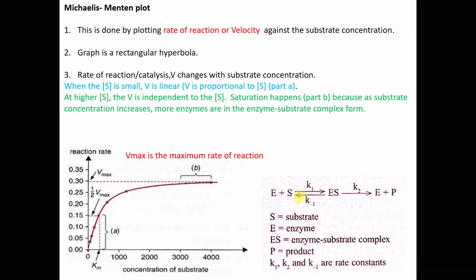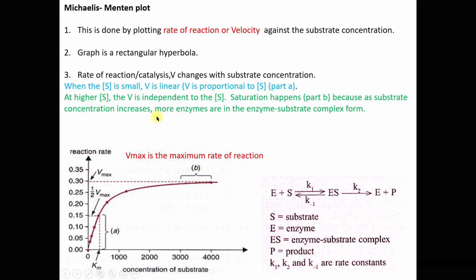Okay, now from this graph, right? Notice, this is Vmax, maximum velocity. Nampak ah? Bahagian graph yang plateau phase ini is known as the Vmax or maximum velocity. So Vmax is the maximum rate of reaction. Isn't that obvious?